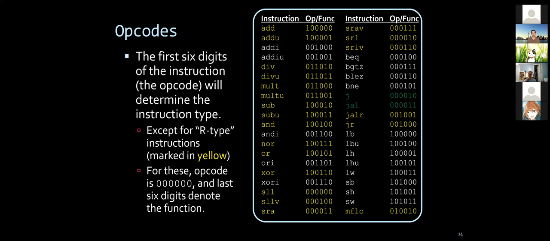As I told you, the first 6 digits of the instruction give you the opcode that determines the type, except for the so-called R type instructions that are marked in yellow. For those, the opcode is all zeros, and then there is a function field stored at the end that tells you what to do.